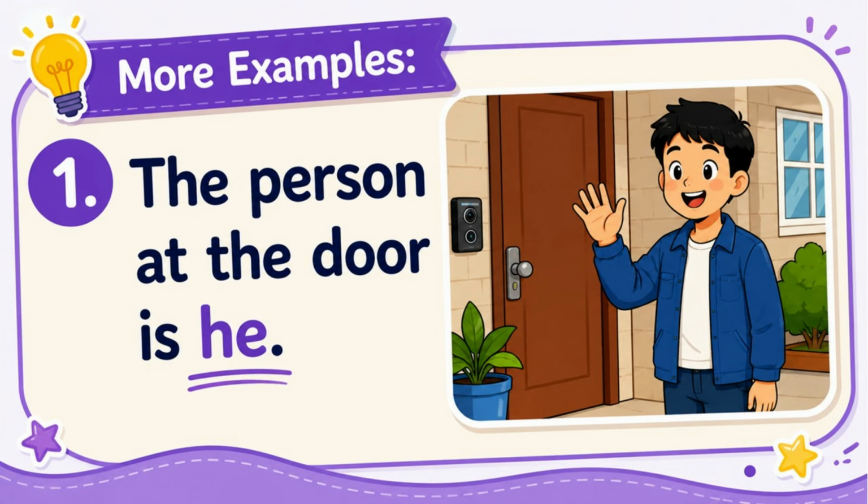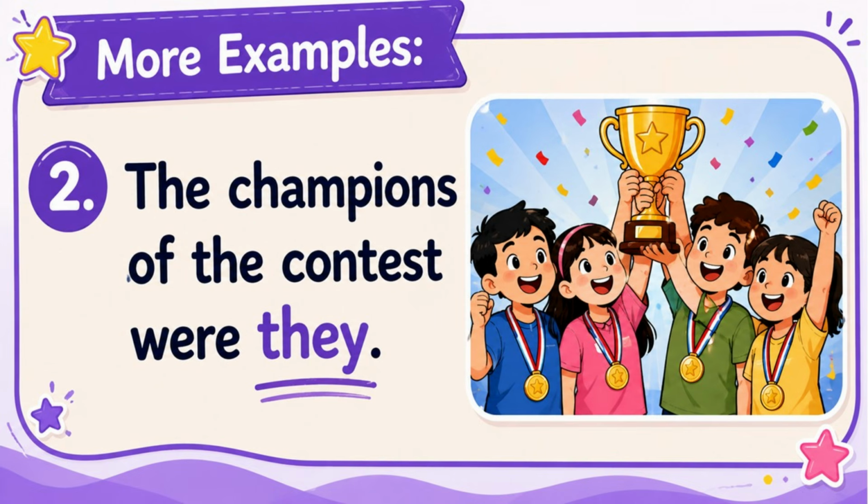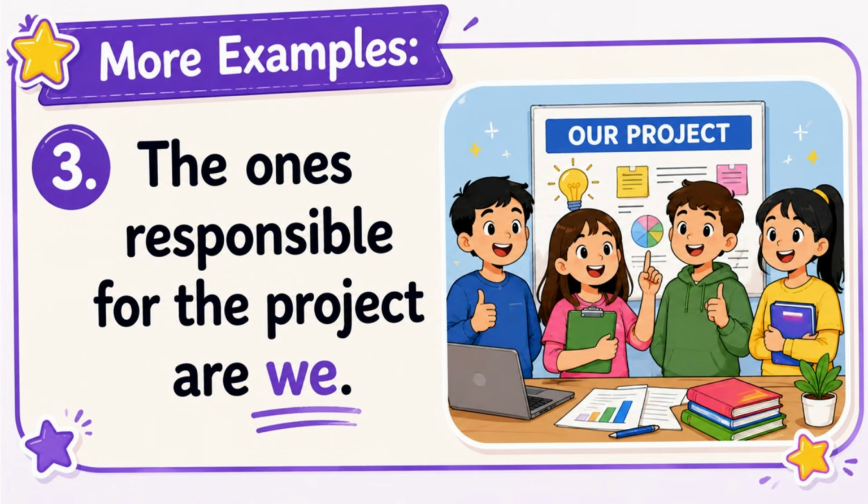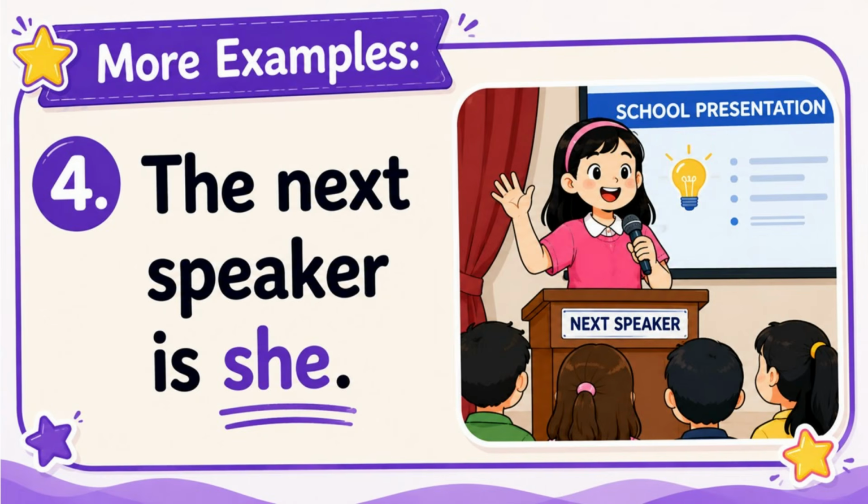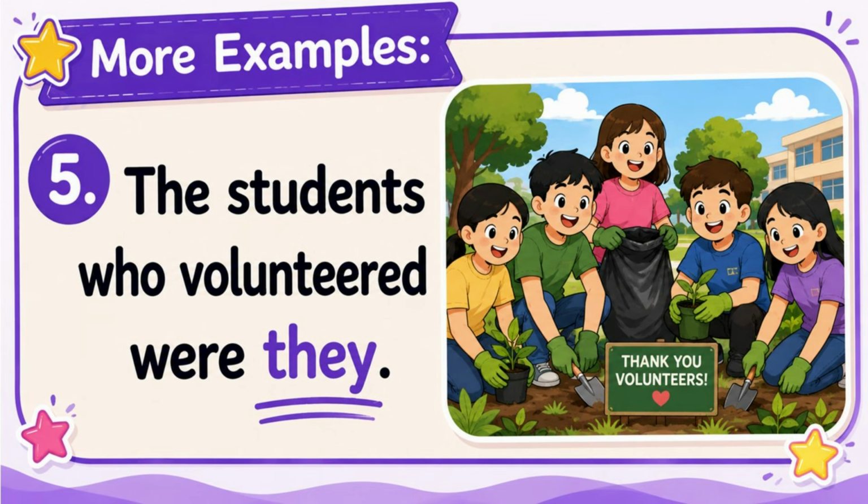The person at the door is he. The champions of the contest were they. The ones responsible for the project are we. The next speaker is she. The students who volunteered were they.